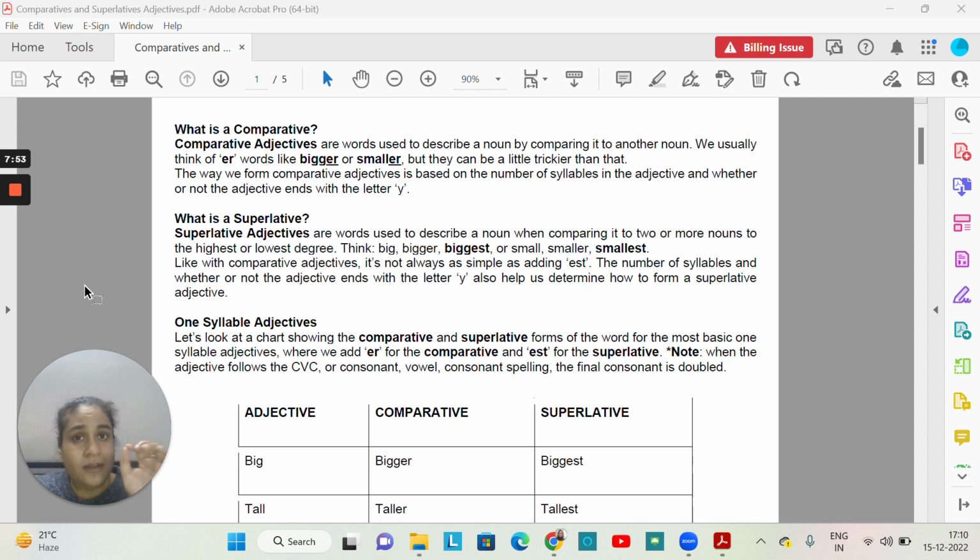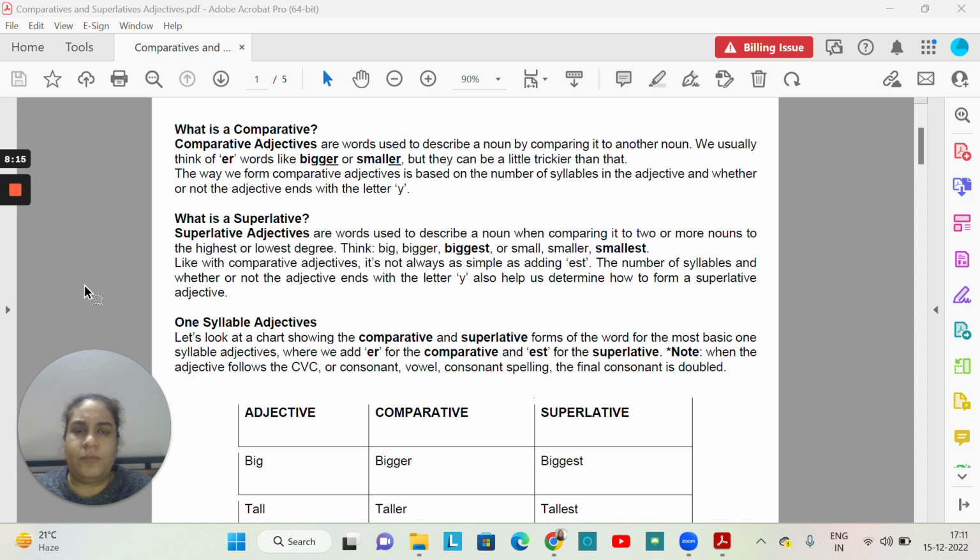Please understand, I am not talking about the spelling A, E, I, O, U. No. I am talking about the sound of A, E, I, O, U. Those are called syllables.